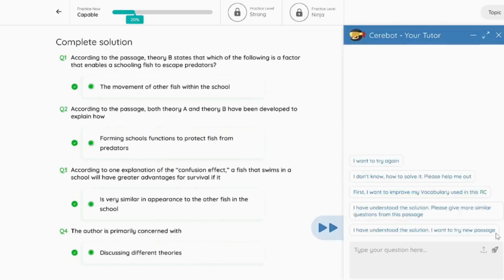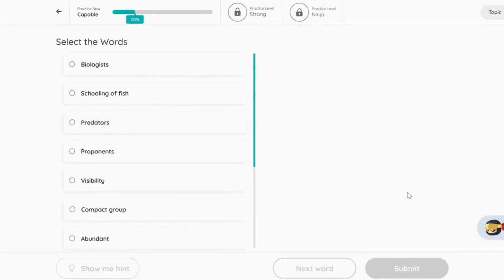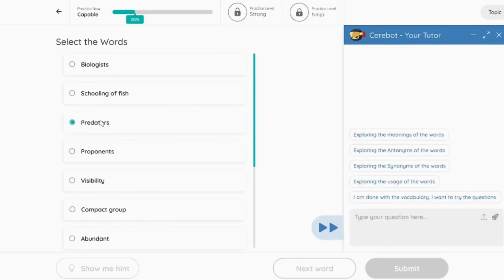Let's say I want to improve the vocabulary used in this reading comprehension. The system now provides all the complex words used in this reading comprehension. Now I can simply click on any of the words and then explore its meaning or synonyms or antonyms or usage of this word.